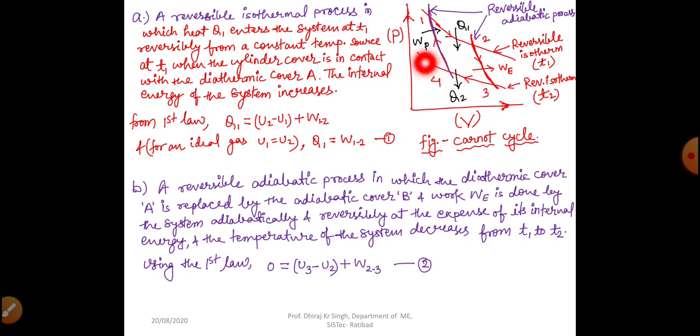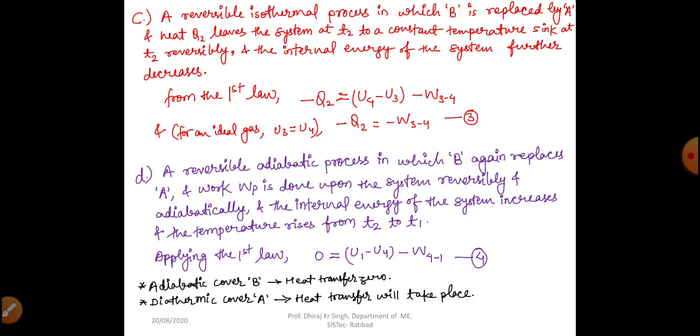Heat rejection is taking place and here is this compression. So work is done on the system here, so our work transfer will be negative. So minus Q2 equals U4 minus U3 minus W34, and for an ideal gas internal energy is a function of temperature, so U3 equals U4, so minus Q2 equals minus W34. That will be our equation number 3.